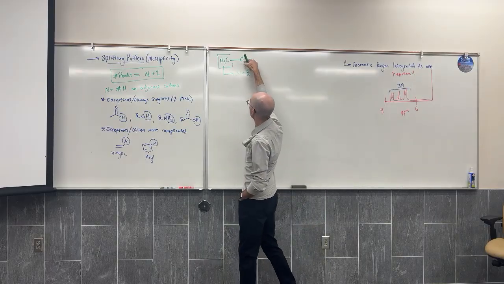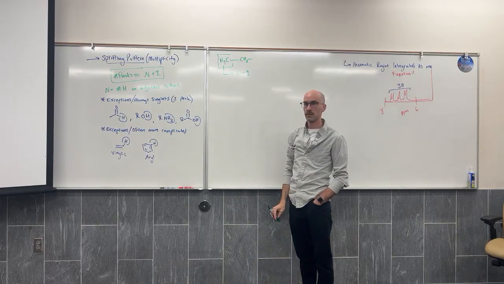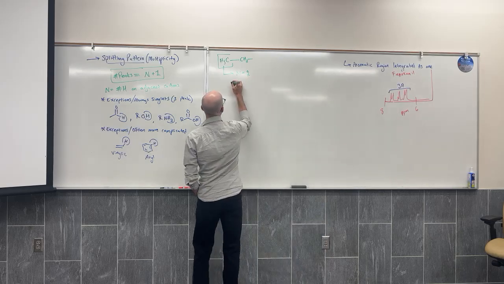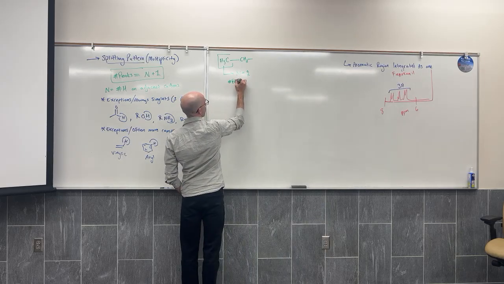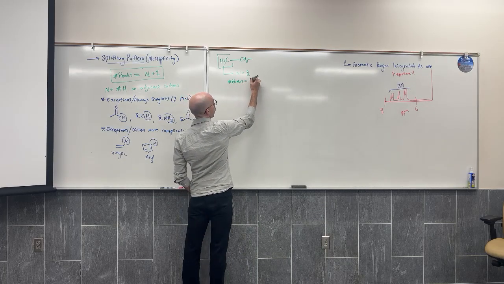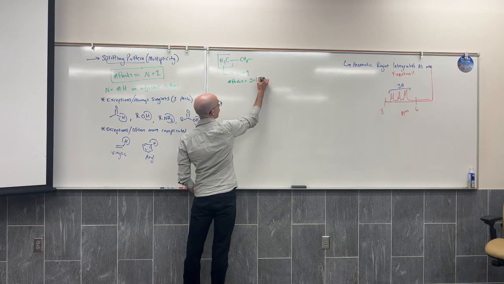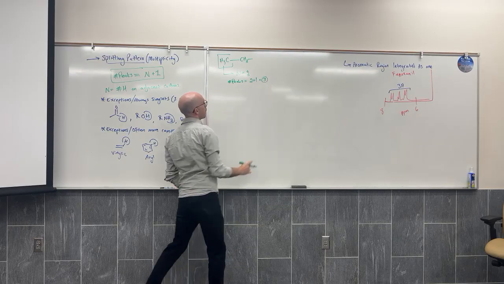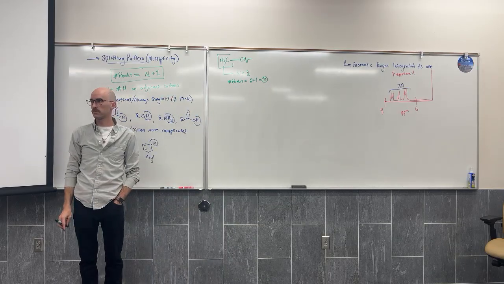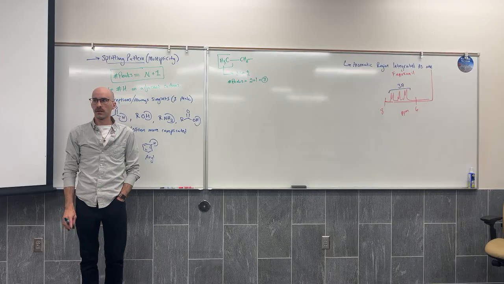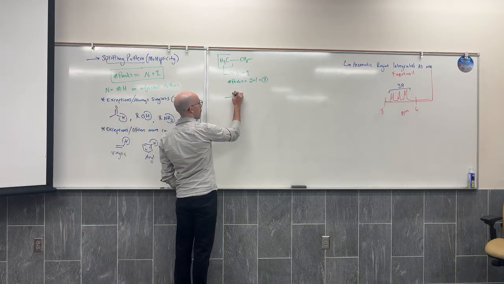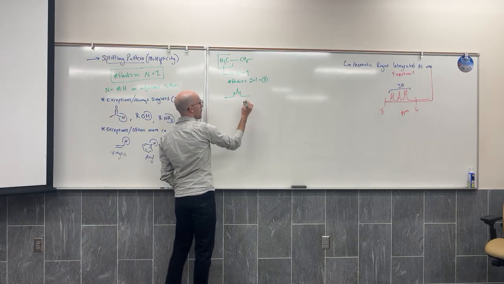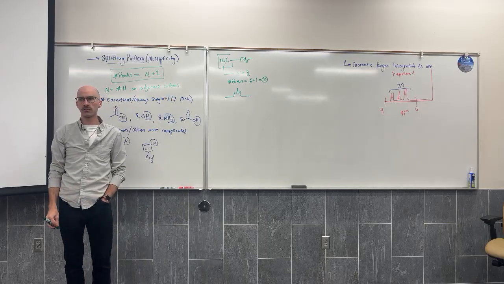Two neighboring hydrogens, here they are, which means the number of peaks equals 2 plus 1 equals 3. So the signal is what we call a triplet.